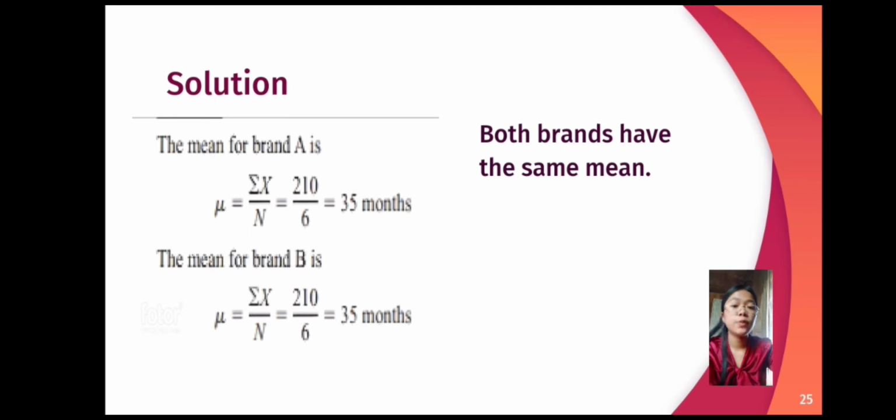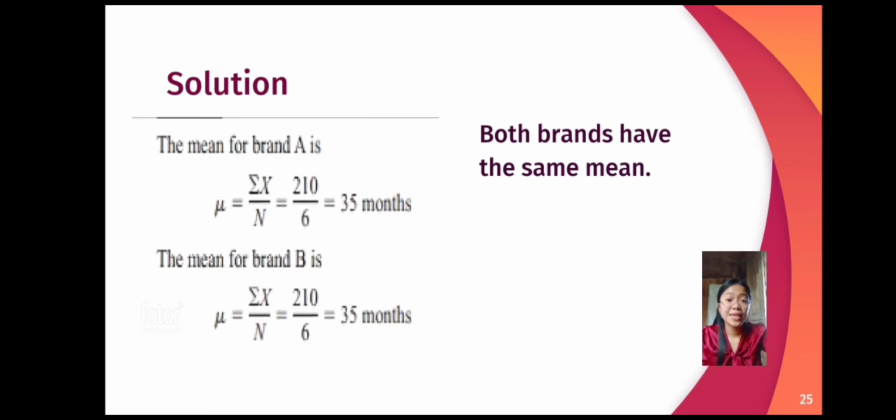Same procedure for brand B: we add 35, 45, 30, 35, 40, and 25, and we get 210. Dividing by 6, that equals 35 months. So, the mean of both brands is 35 months.